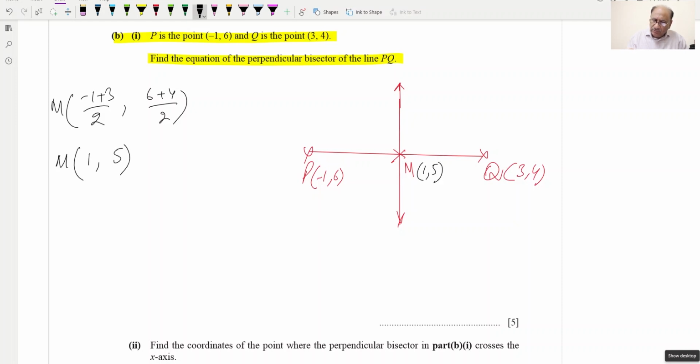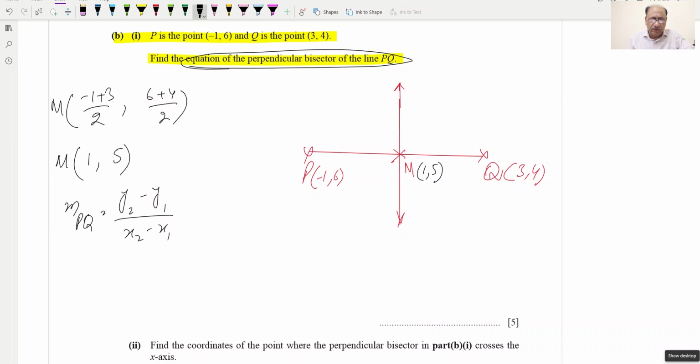Now we got the coordinates of M. To write the equation of the line, we require 2 things. Number 1, the point which we have calculated, which is 1 and 5, and now we need the gradient of the perpendicular bisector. We will find the gradient of PQ, and then find the gradient of the perpendicular bisector. So gradient of PQ, m of PQ, will be equal to y2 minus y1 over x2 minus x1.